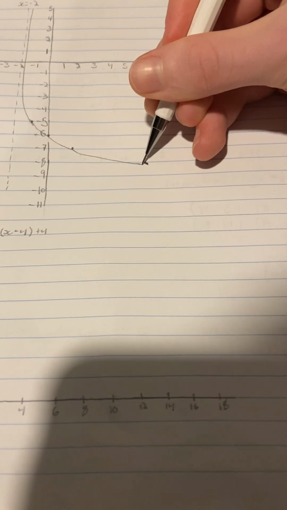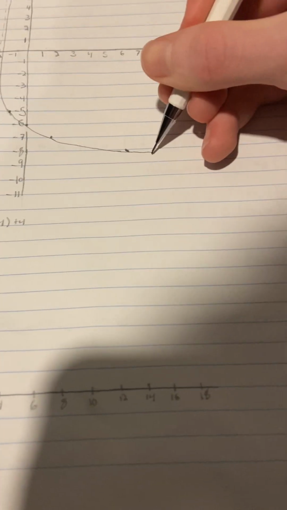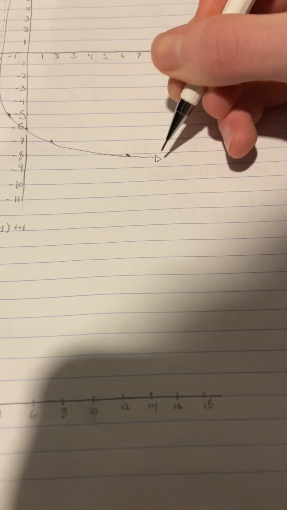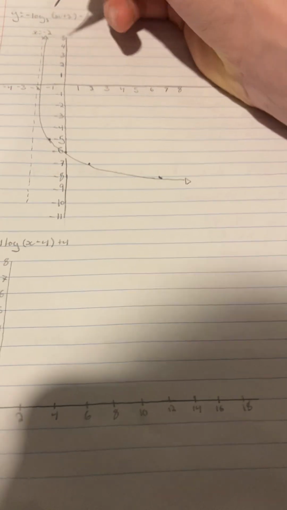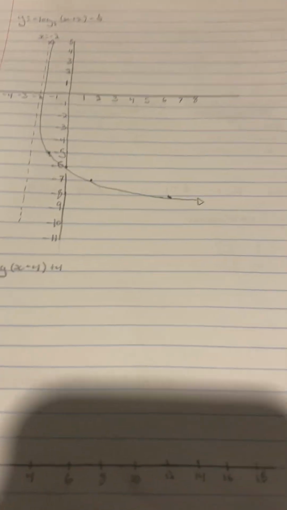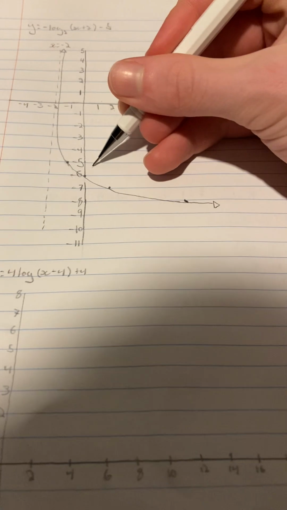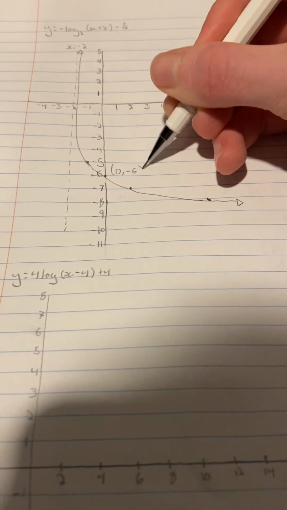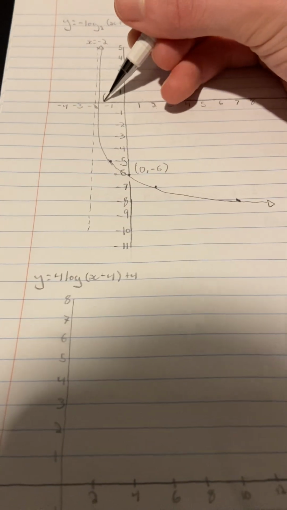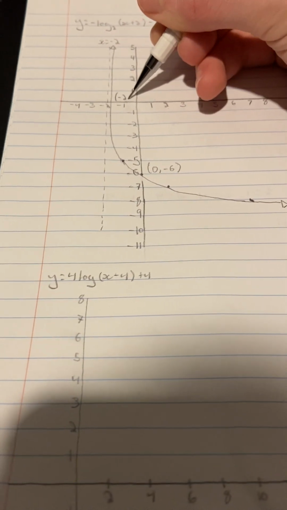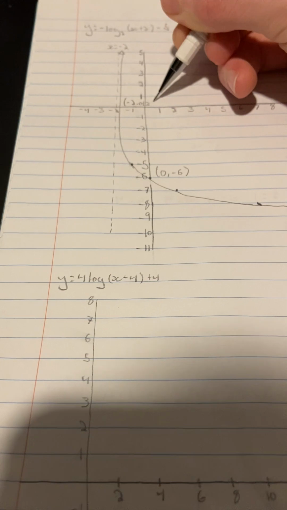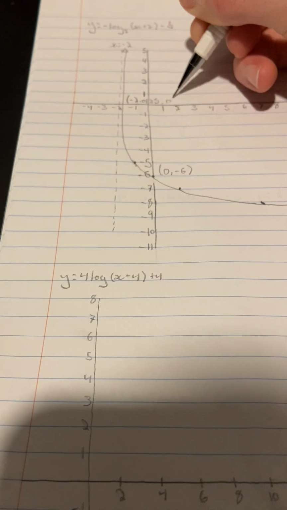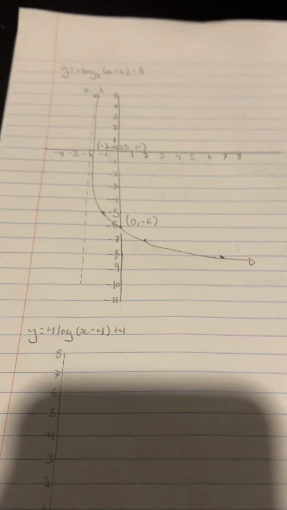Not a very good grapher. And we'll put an arrow there, arrow up here, and label this real quick. 0, -6, and then -2.0135, I'm pretty sure, is our x-intercept.